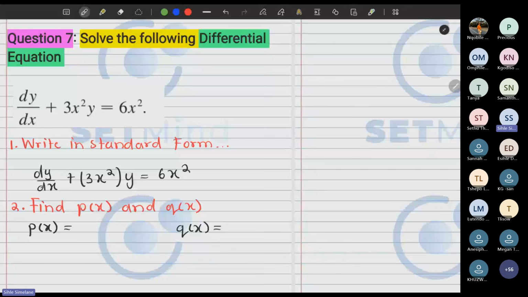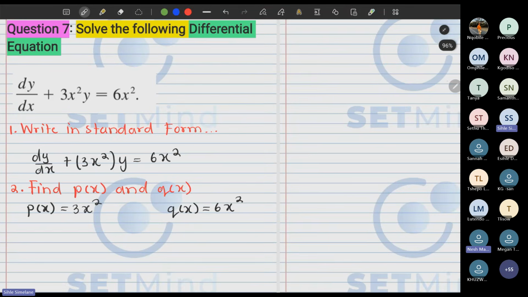I cannot hear you guys. What is p of x? 3x squared. And then what is q of x? Q of x is 6x squared, guys. Thanks for that. You can now, guys, mute.